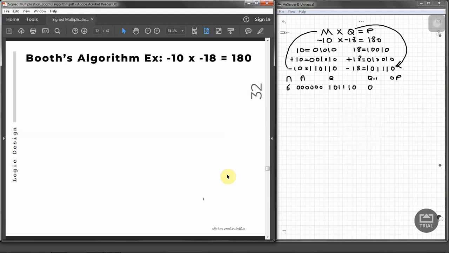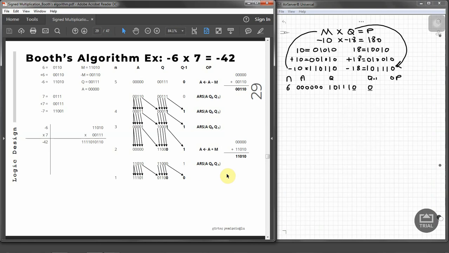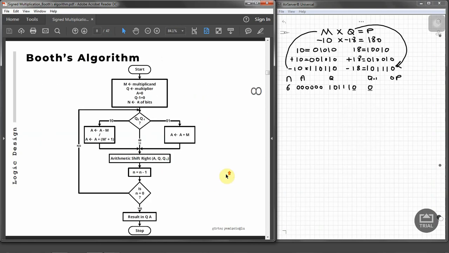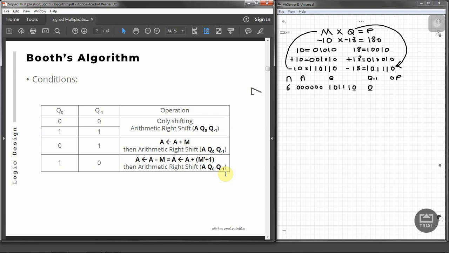Now let's start with 0, 0. I'm going to open up our table again to see the operations. You need to remember the table or you can check it out. So 0, 0, it's actually arithmetic right shift only. So we'll perform arithmetic right shift.